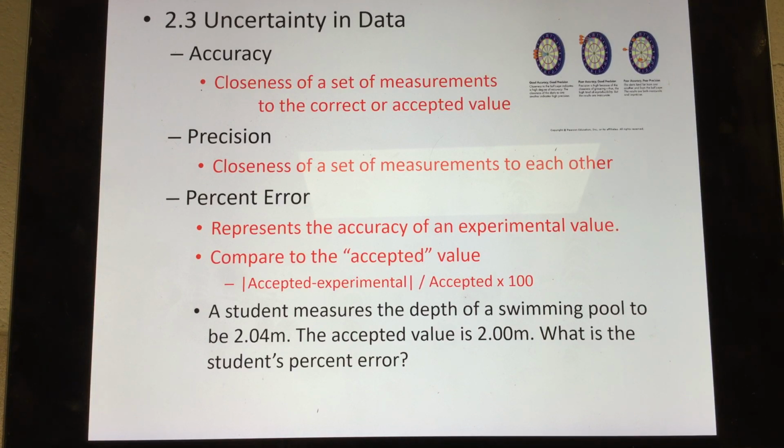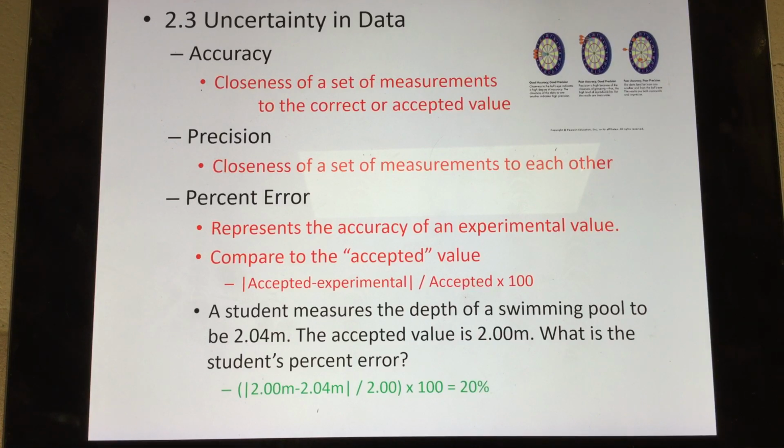So here's an example of how we would calculate a student's percent error. If a student went to a swimming pool and used a meter stick to measure the depth of the pool to be 2.04 meters, but the actual accepted value is 2.00 meters, we can calculate the student's percent error, how far off of the accepted value they were.